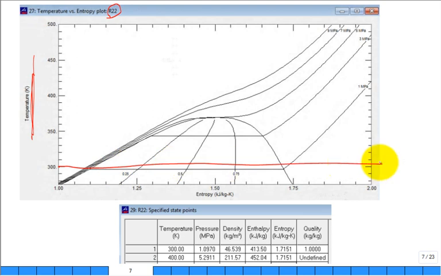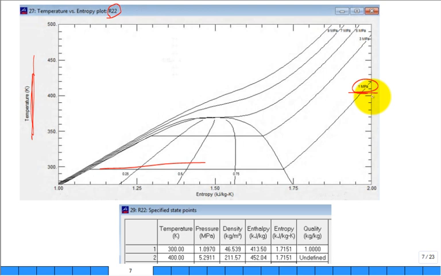There's 300 K. So if you're going to be condensing it and maybe cooling it with lake water or some other ambient fluid from the environment, basically I can tell you roughly what the condenser pressure is going to be. I'll just find the pressure that comes in the vicinity of 300 K, and I think I rounded it off, and what does that say for pressure? About 1.1 megapascal, 1 megapascal. If I have to reject heat to the ambient, that really dictates my condenser pressure, doesn't it?